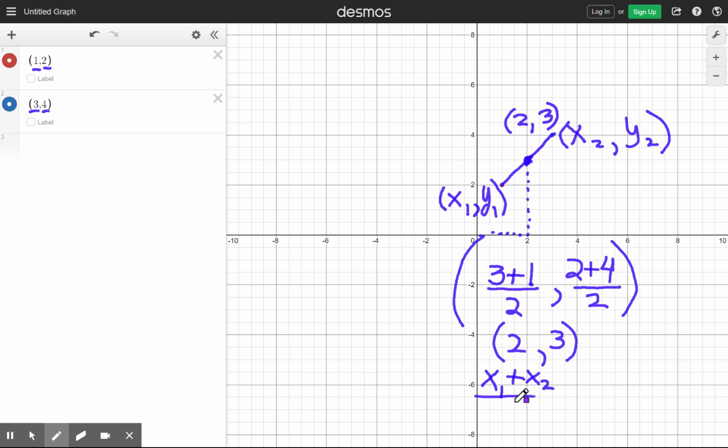Since we have 2 coordinates, we're dividing that in half. And then for the y value of the midpoint, we take the first y plus the second y, divide that by 2, and that's the formula for the midpoint between any 2 points.